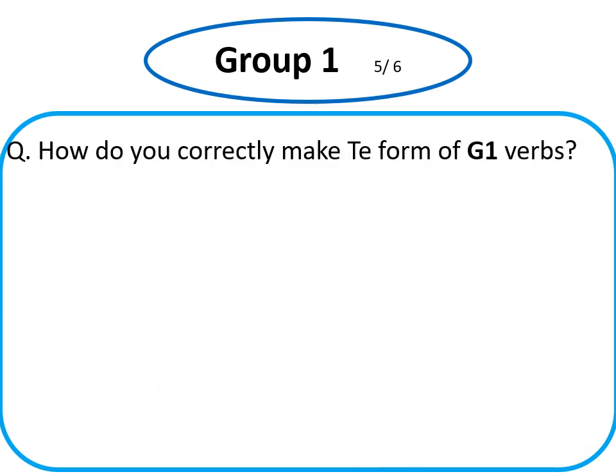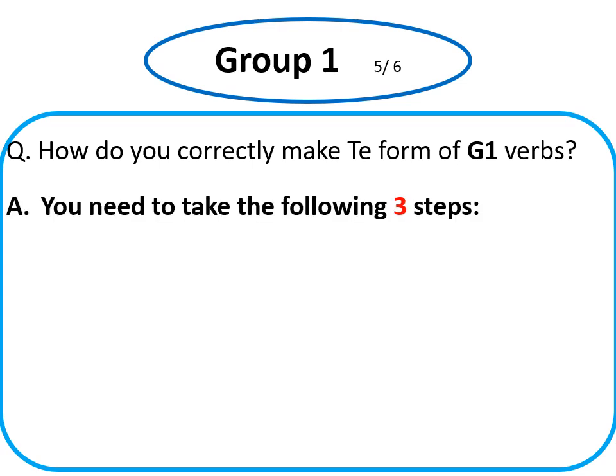So what is the conjugation rule for group 1? Again, changing from masu form to te form. There are 3 steps. Remember? What are these 3 steps? First, you make the stem.